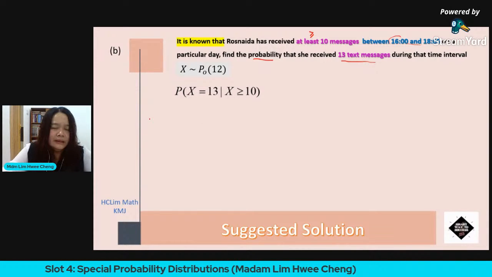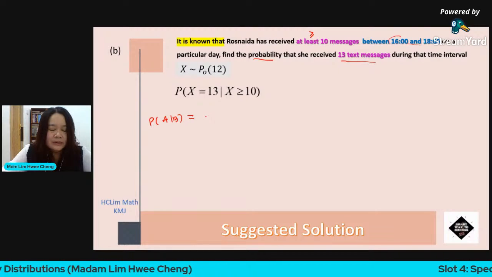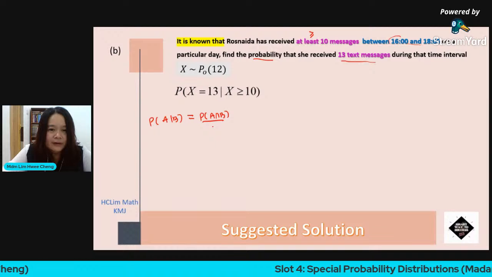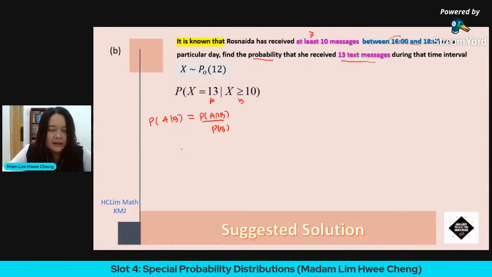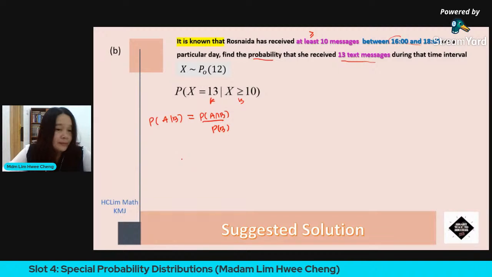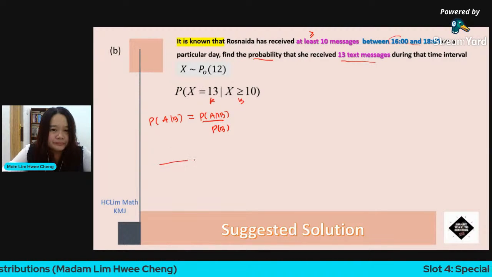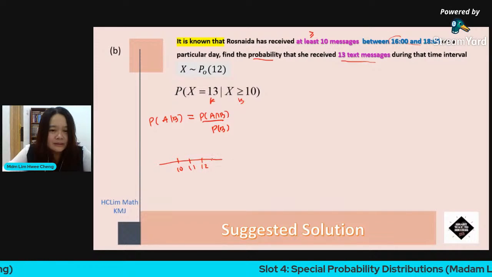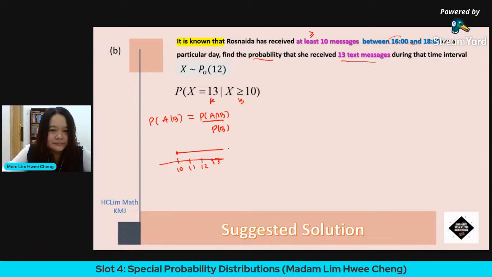If you still remember, the conditional probability in chapter 8, I think, is P(A intersect B) divided by P(B), right? So this is the A and this is the B. If we want to overlap these two events, you have 10, 11, 12, 13 and so on, so greater.